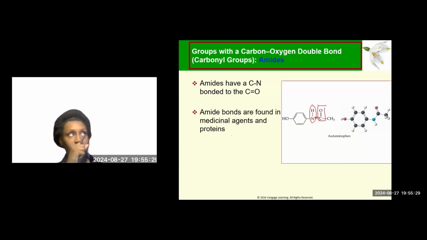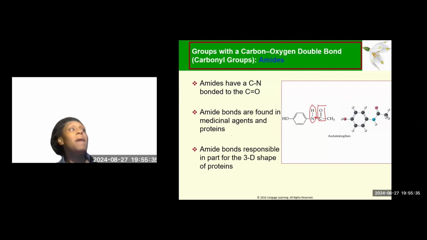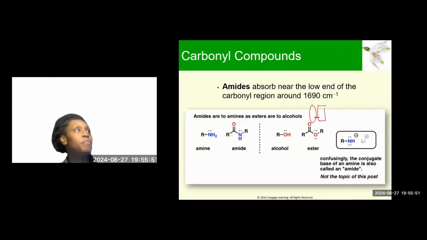So, excuse me. So amide bonds are found in medicinal agents and proteins. Amide bonds represent in part for the 3D shape of proteins. So that's the reason why you have the bends and the twists and turns with proteins. A lot of that has to do with those amide bonds, okay?